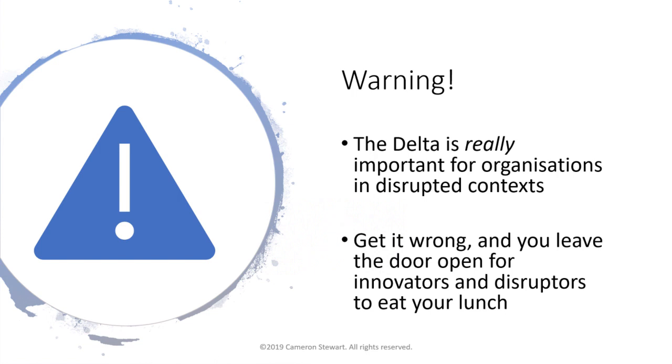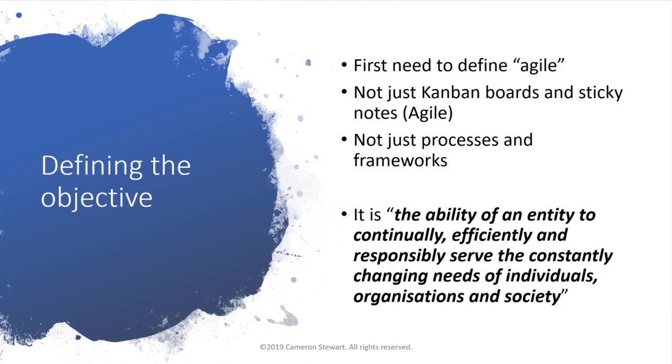So, let's begin by defining the objective. We need to understand what Agile actually means. And it's important to note that although the roots of Agile are back in Scrum and even before that in the 1980s, 1990s, even back to the 1970s, today Agile has a different meaning.